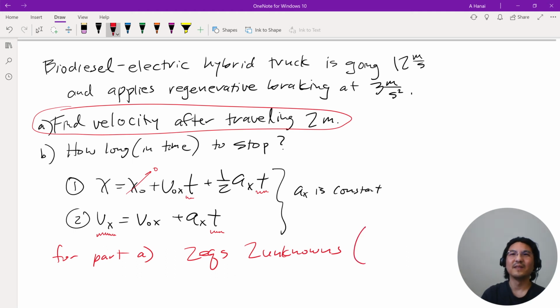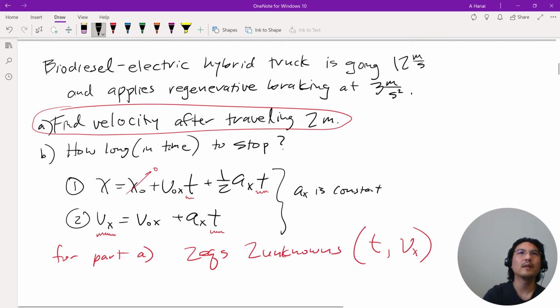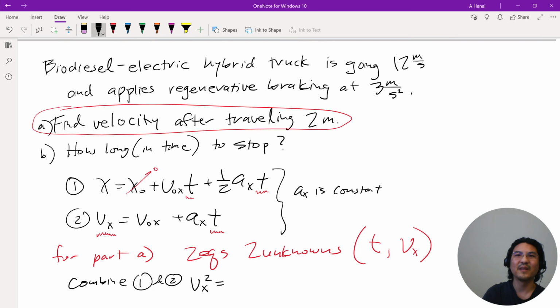So for part A, I got two equations, two unknowns. Right, look. t and velocity. So no problem, right? Just solve one of them for t and plug it into the other, which we did last time, right? 1 and 2 combined. And then we got this other formula, x minus x naught.